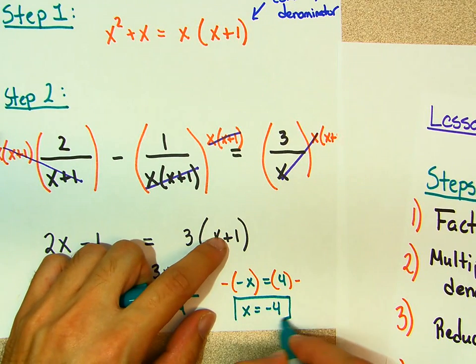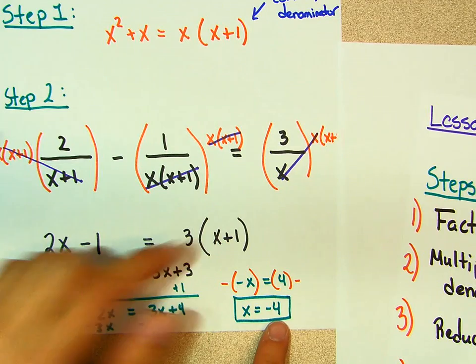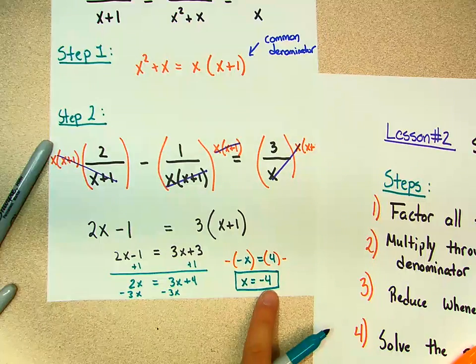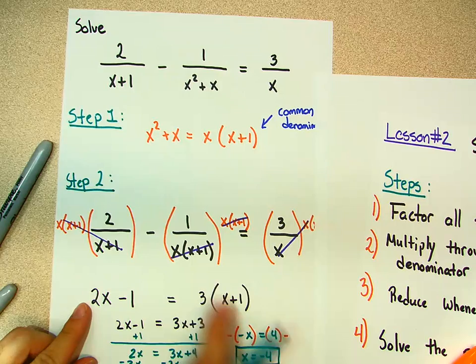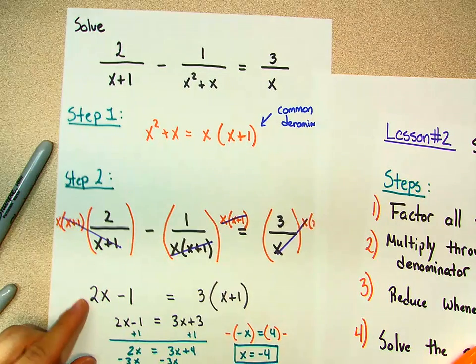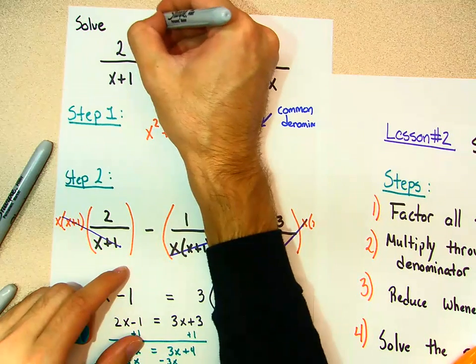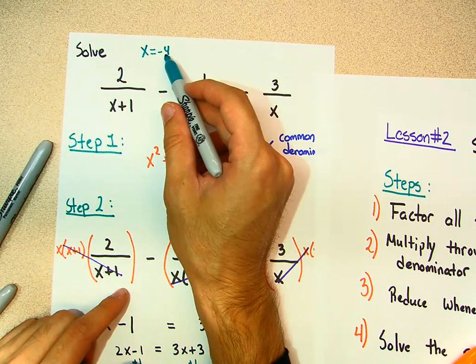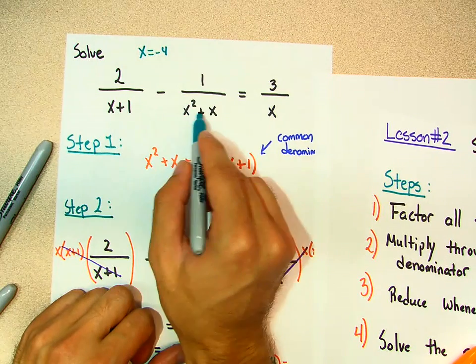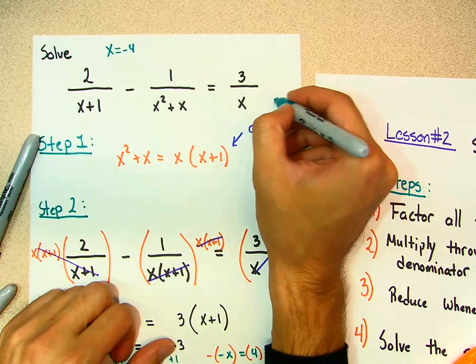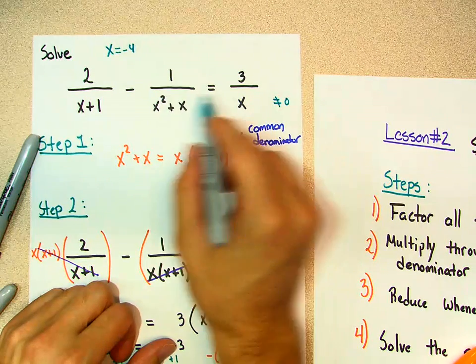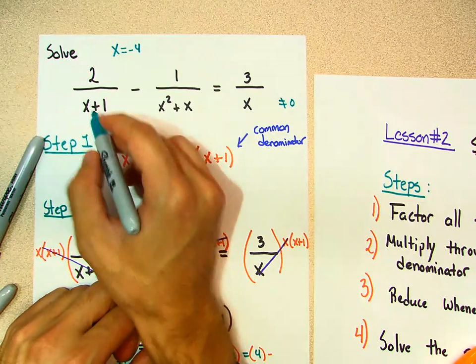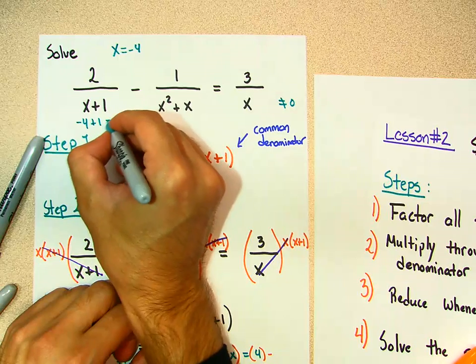And once you get to this point, you have to ask yourself, are you allowed to have negative 4 in the denominator? If x equals negative 4, remember, you cannot have 0 in the denominator. If I put in negative 4, is negative 4 plus 1 equal to 0?